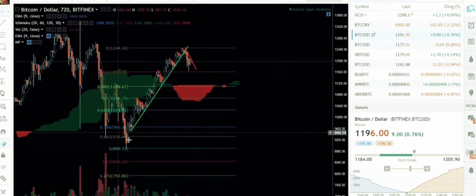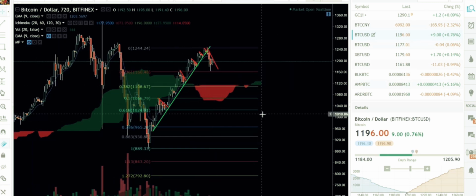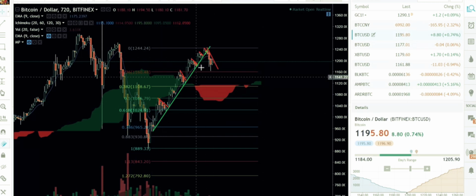Now that we've measured this entire move and we're expecting retracement of it, we want to look at it and say, what's a likely retracement of this? And then make our decisions there. Because now that we broke this green line that we were riding on, this entire trend is broken. So this entire move is due to get a retracement.